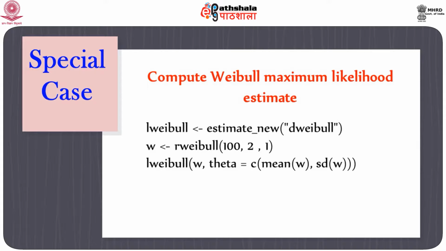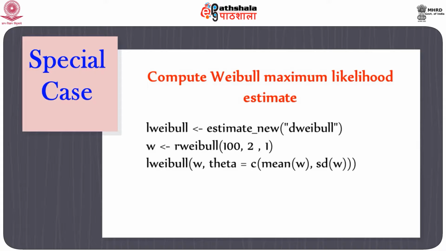These are very simple, and here is the code, and we are storing these data points within W. Here, just by putting dweibull as the argument of the estimate_new function and using the code as it has been shown here, we will come up with the parameter estimates of the Weibull distribution.